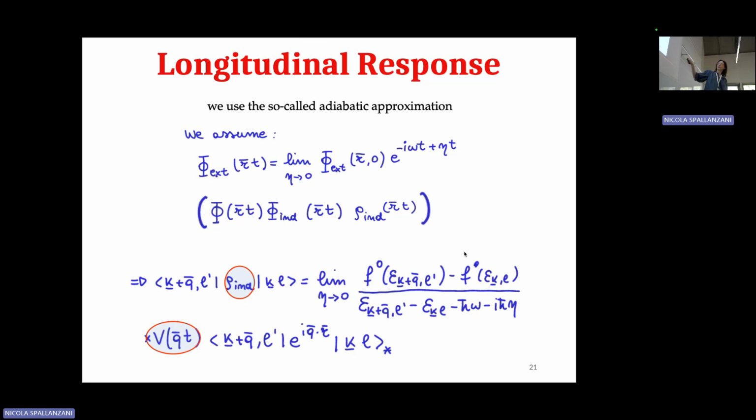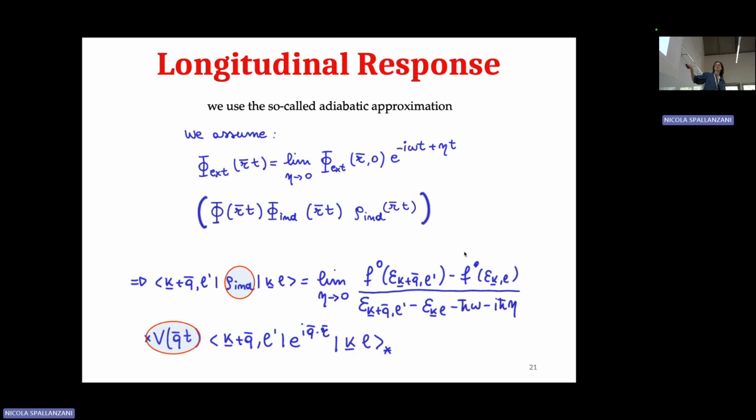So once this assumption has been made, with the Fourier transform we obtain, for the matrix element of rho between these states, and then we have to send eta to 0.